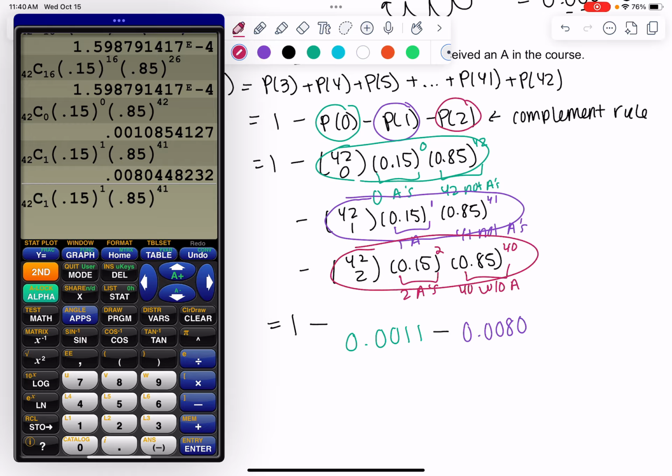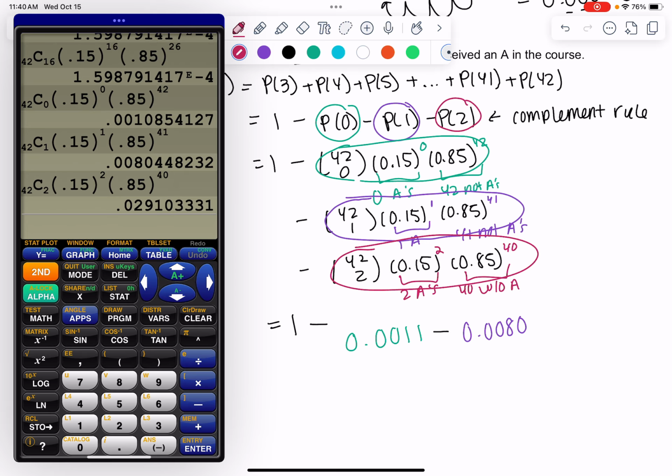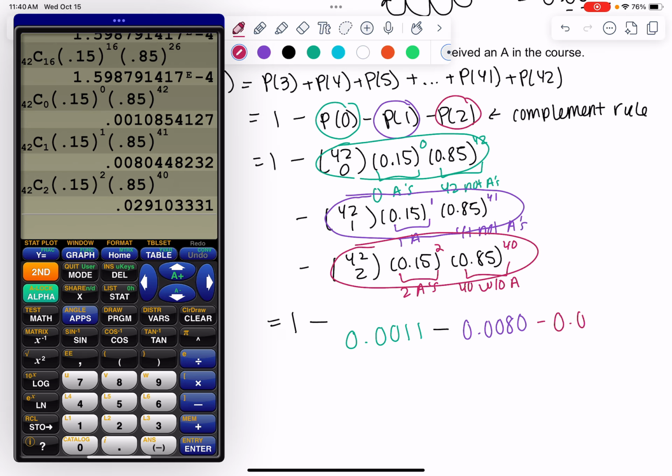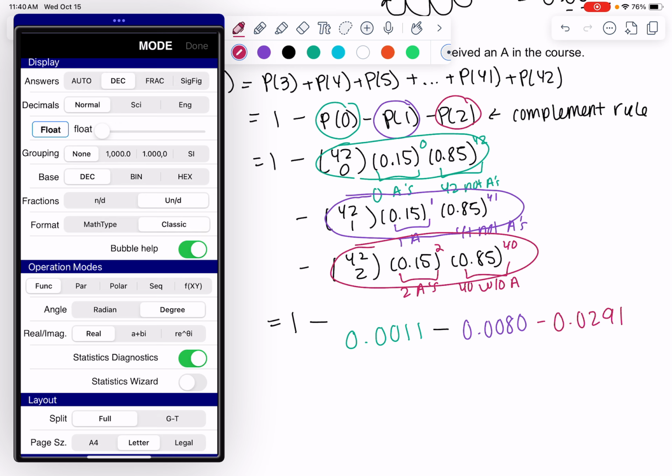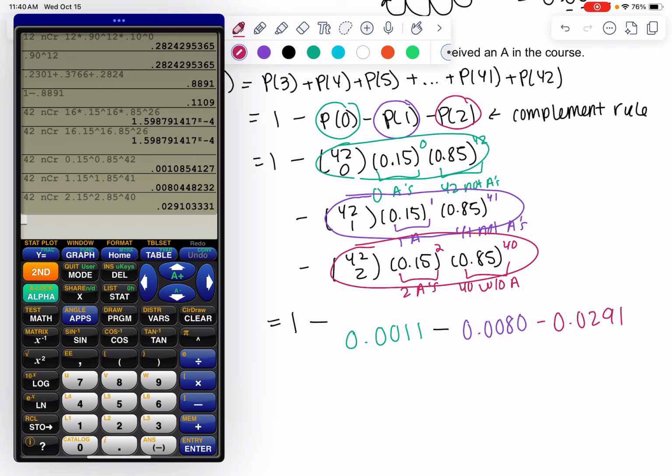Second enter makes your life so easy. Maybe not so easy, but easier. So change the 2 powers, and then make sure you change the nCr thing too. And I got 0.0291. So take a moment to do that. Your calculator might look a little different, and that's okay. It might look like this. Either way, we're doing the same thing.